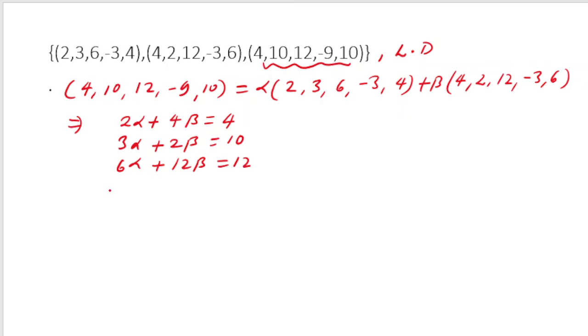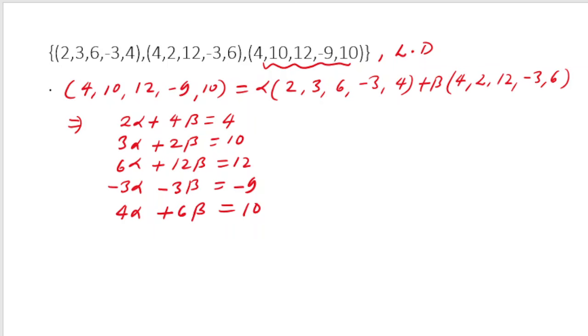The fourth one will give me minus 3 alpha minus 3 beta, that is equal to minus 9. And lastly, 4 alpha plus 6 beta will be equal to 10.